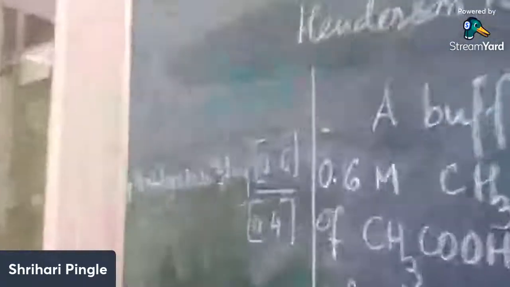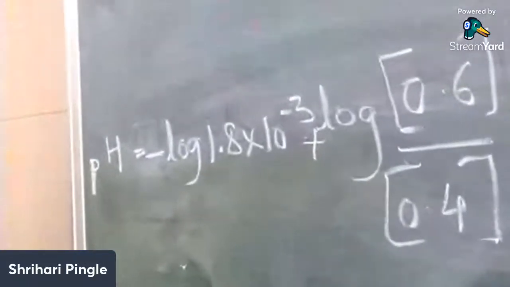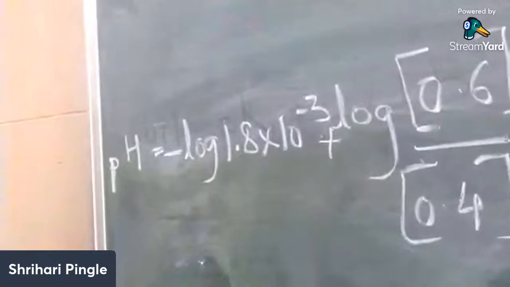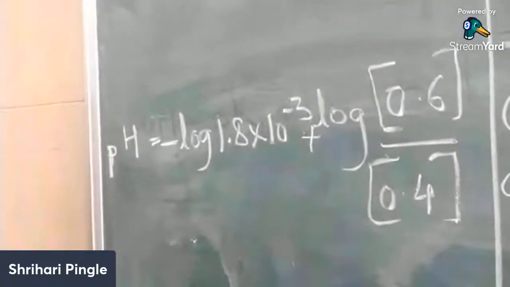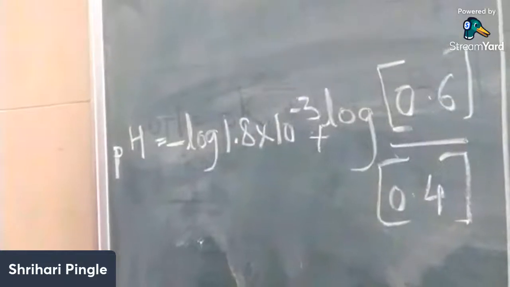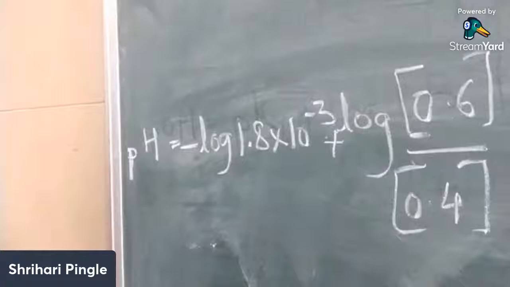So for those on YouTube, we will see what Trupti has done. Trupti has written this. pH is equal to negative log 1.8 into 10 to the power minus 3 plus log 0.6. That is the concentration of the conjugate base upon 0.4 molar concentration of that.